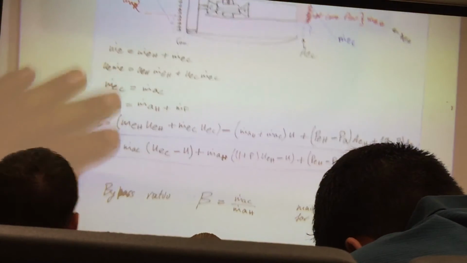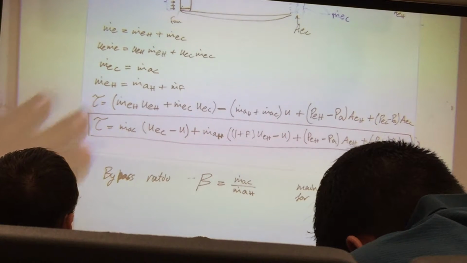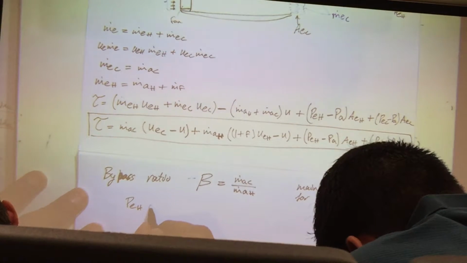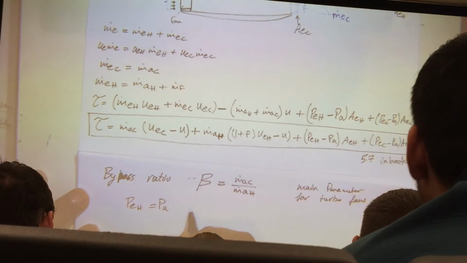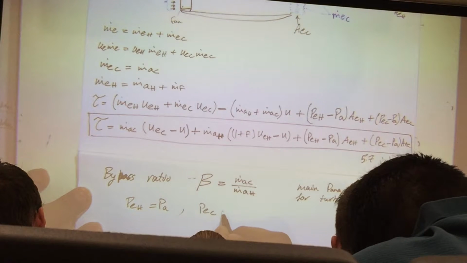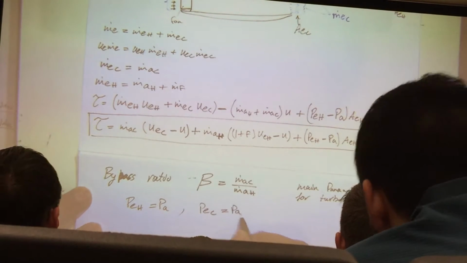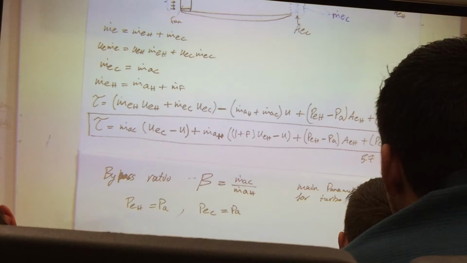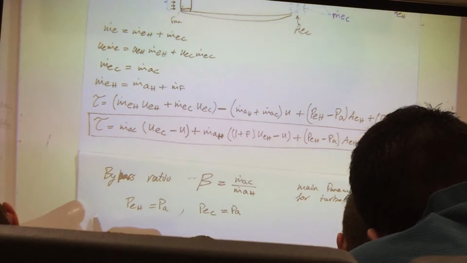Now, one thing to keep in mind, the exhaust hot core pressure is equal to P ambient, and the exhaust cold core pressure is also equal to P ambient. So that's something to keep in mind because we can substitute this and get our specific thrust.